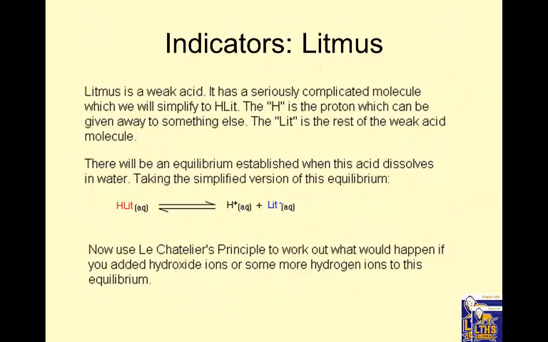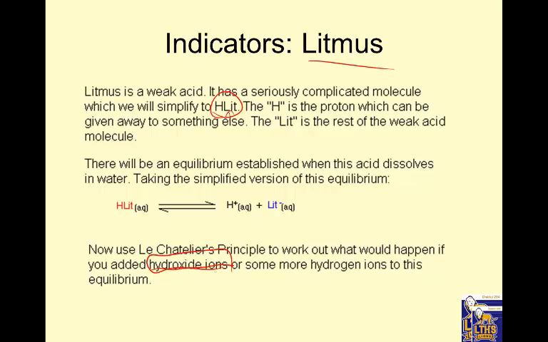Okay, indicators. We talked about indicators. We talked about litmus. Litmus is either blue or red, depending on what it's put into. But what's cool about it is it's like equilibrium. So this means acid, litmus, because it's got the H in front, and the litmus molecule is complicated, so we'll just write LIT for short. All right, so it's an equilibrium. If we use Le Chatelier's principle to work out what would happen if we added hydroxide ions.